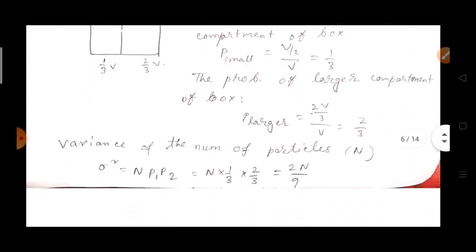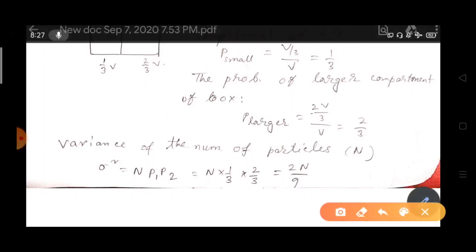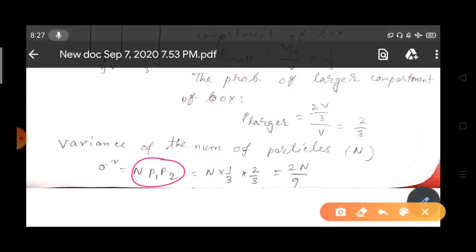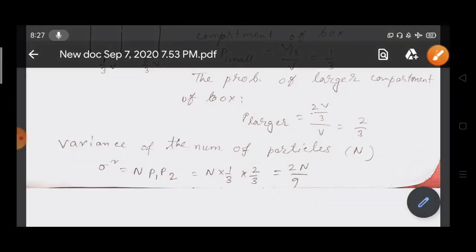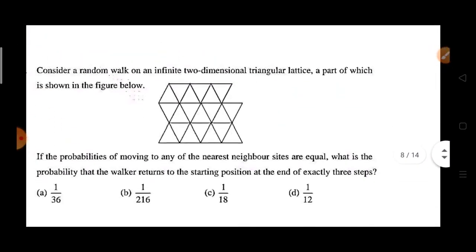Then find the variance by applying the formula sigma square equals N into p1, the probability of the particle being in the smaller box, into the probability of the particle not being in the smaller box, that is being in the larger box, 1 minus p1 or p2. Okay, now the next question is also a very important question, and it is very beautiful also.